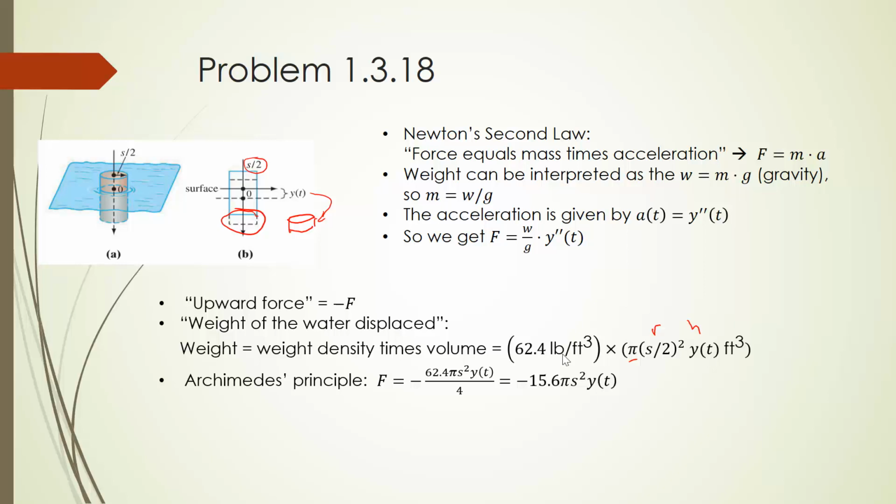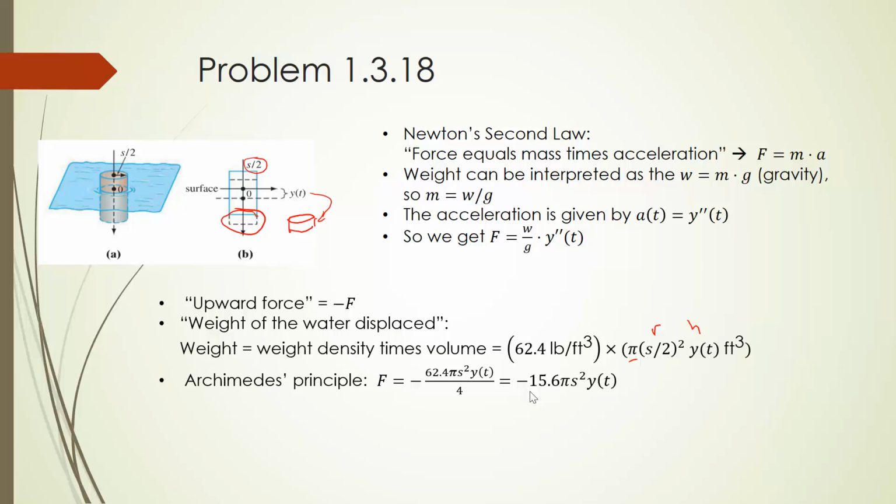So according to Archimedes' principle, the buoyancy is equal to the force, and the force is equal to a negative, the weight density of the water, times the volume that the water has taken up. So that would be negative 62.4 times pi times s over 2 squared times y, and that simplifies to negative 15.6 pi s squared times y of t.